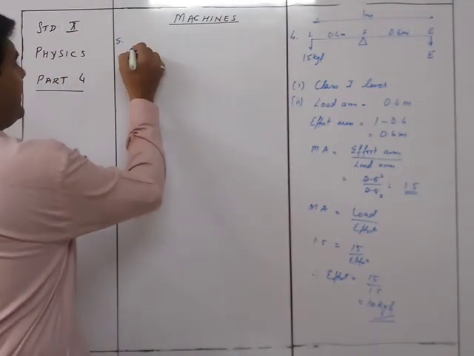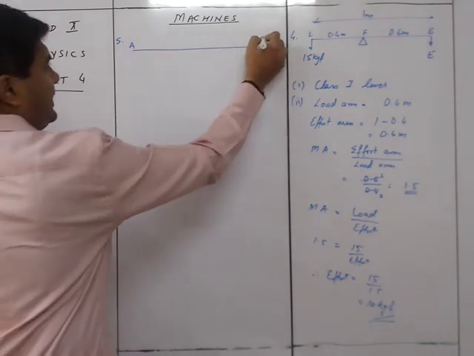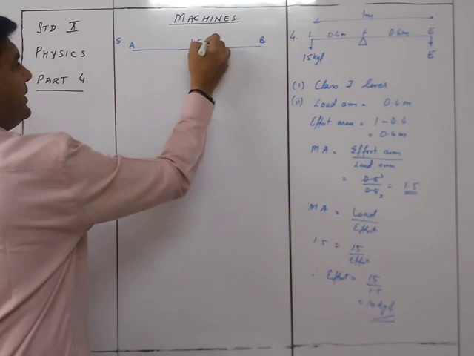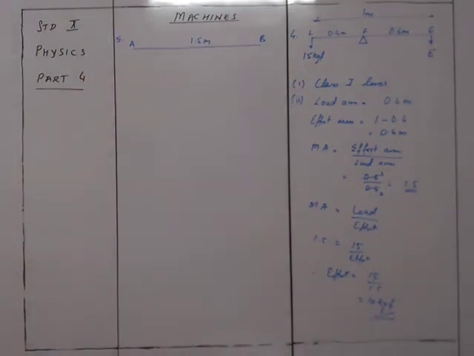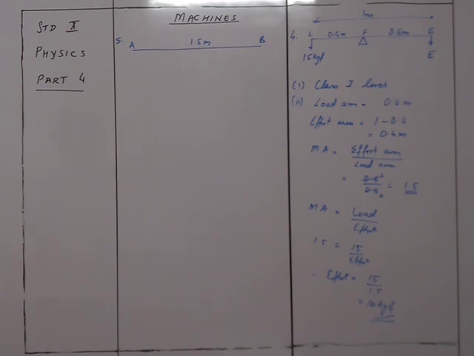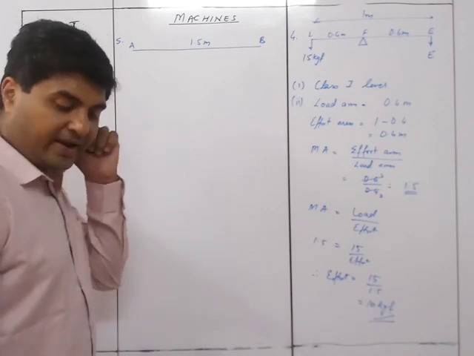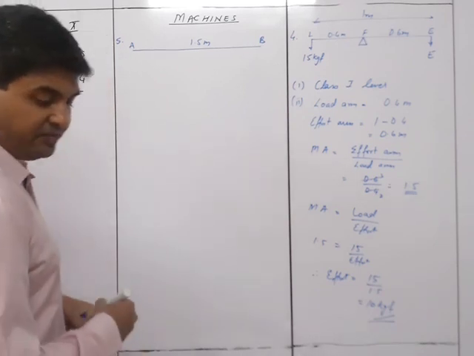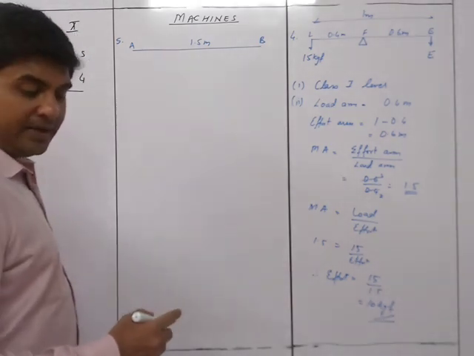So accordingly, if I draw a diagram, this is a rod AB of length 1.5 meters. It is used to raise a load of 75 kgf by putting a sharp edge below the bar at a distance of 1 meter from his hand.